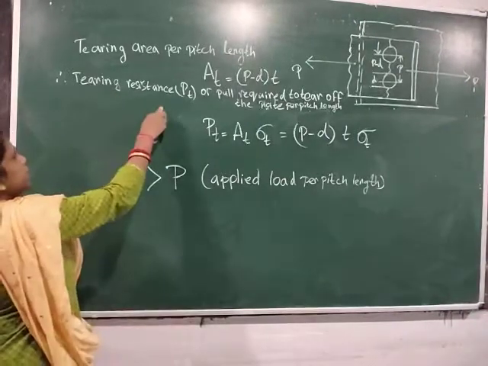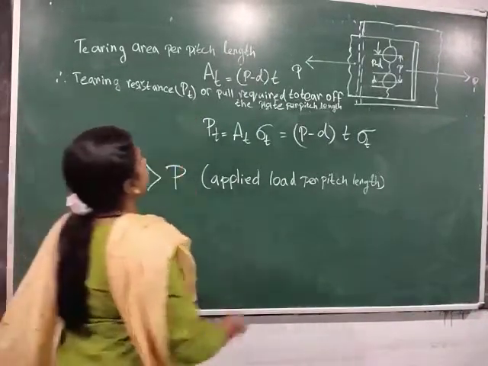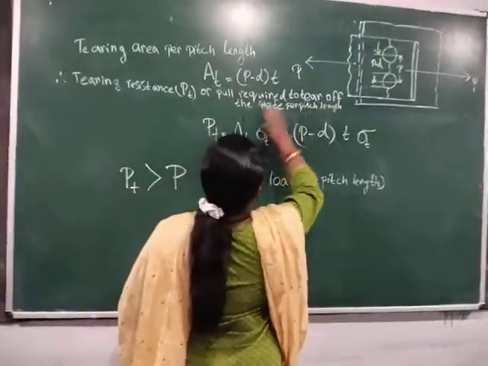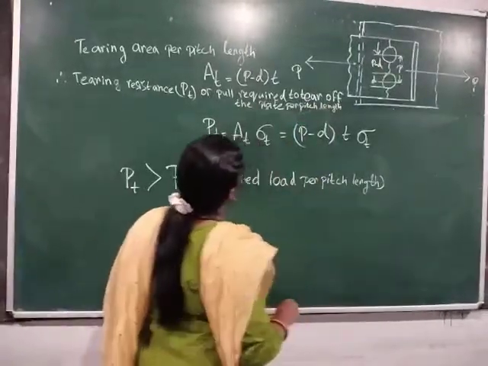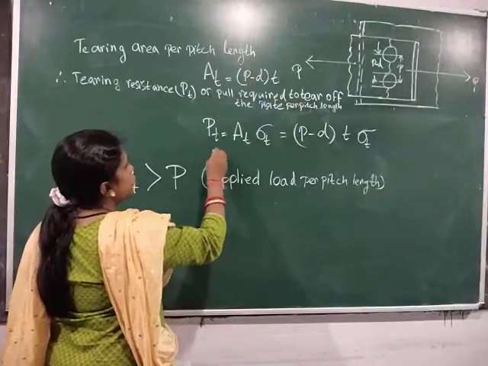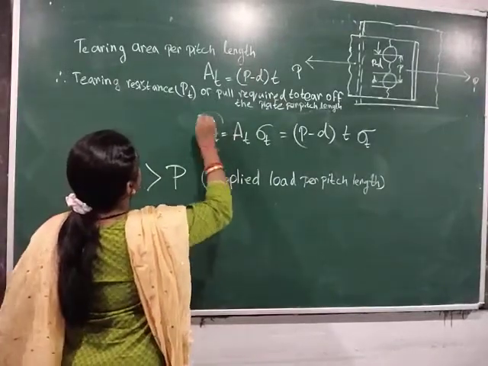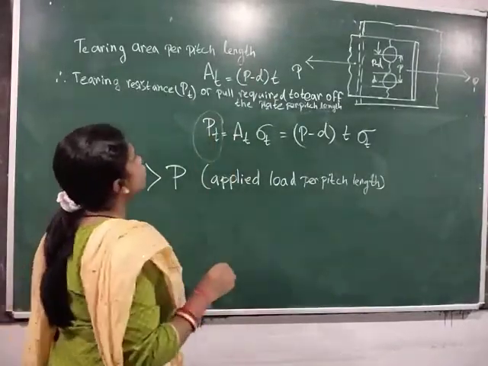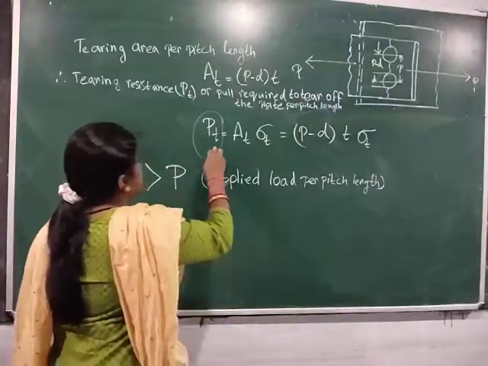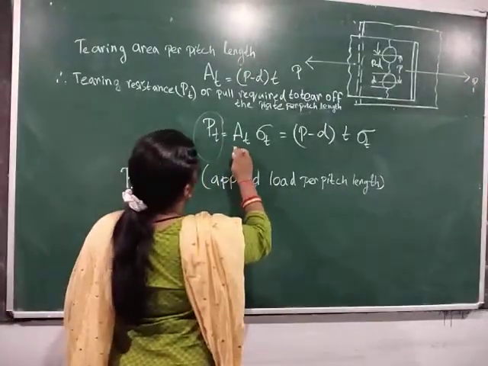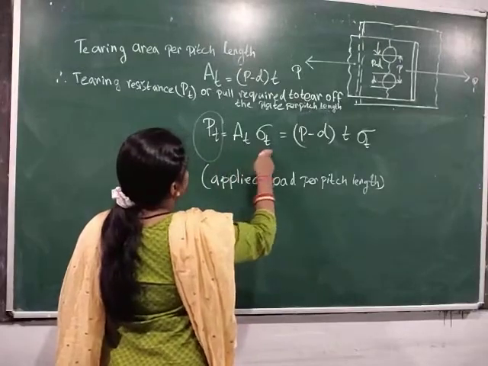Therefore, your tearing resistance PT, or pull required to tear off the plate per pitch length. So PT is given by what? PT is nothing but your resistance, that means it is a force, so this is nothing but area into stress.